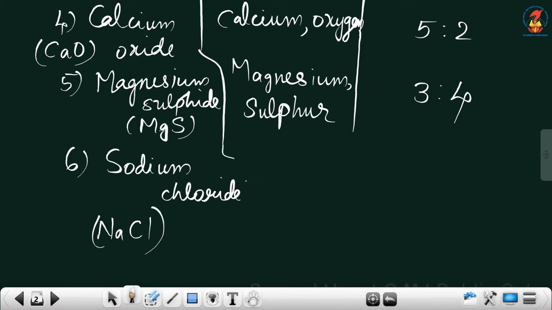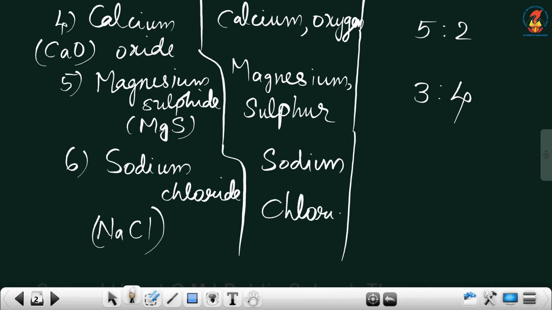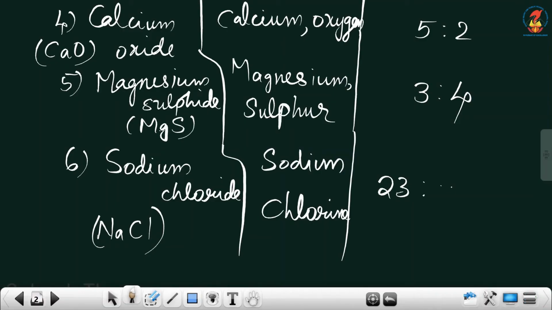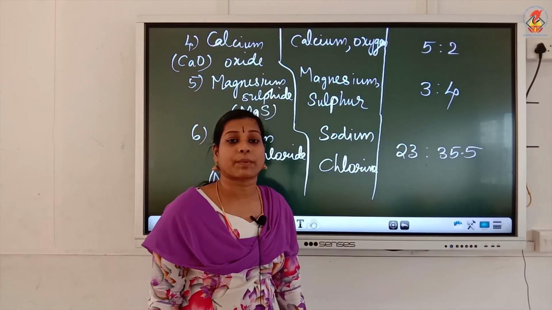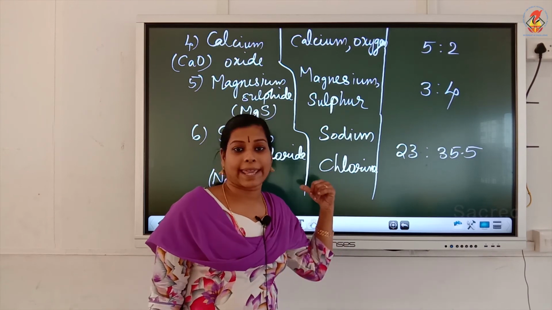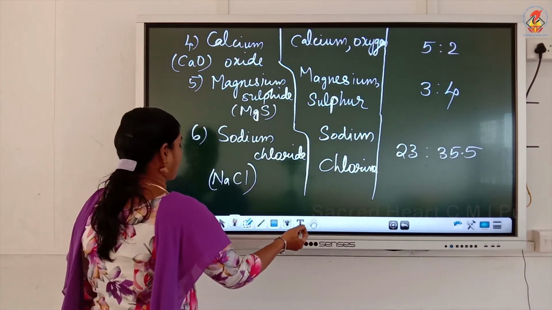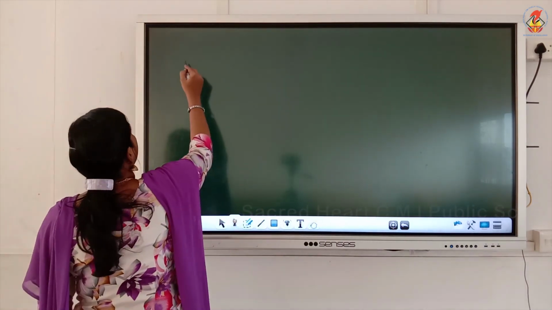In sodium chloride, sodium is present and also chlorine, and they combine in the mass ratio 23:35.5 to produce compounds like this. Okay. Now we can calculate the atomicities of different compounds.